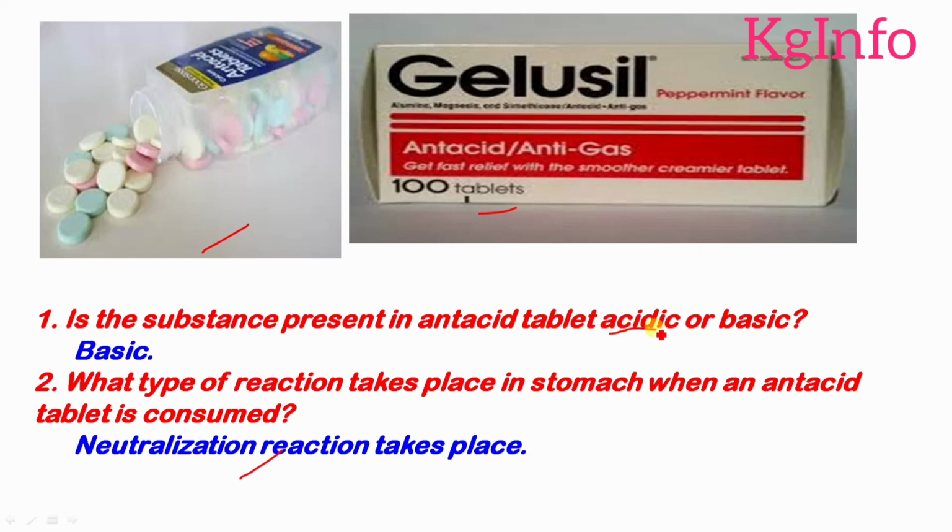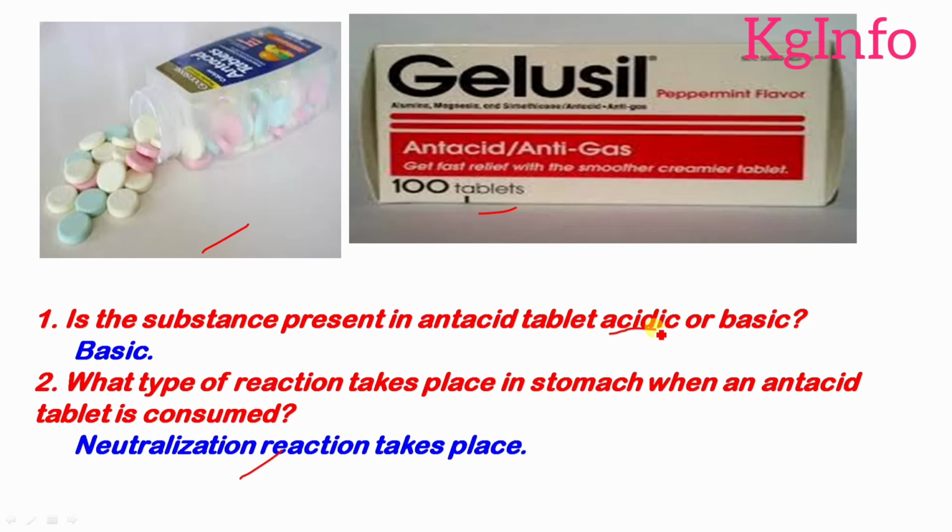Children, in our stomach, if excess acid secretion takes place, then we suffer from acidity or gastric problems. Then what kind of medicine do we have to take? We should take a base.